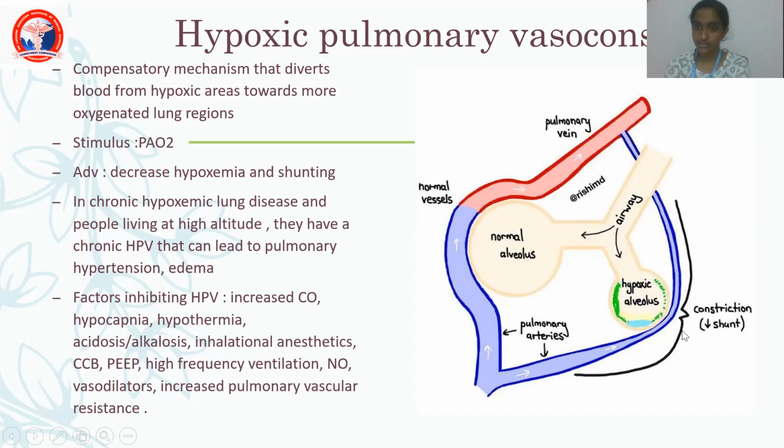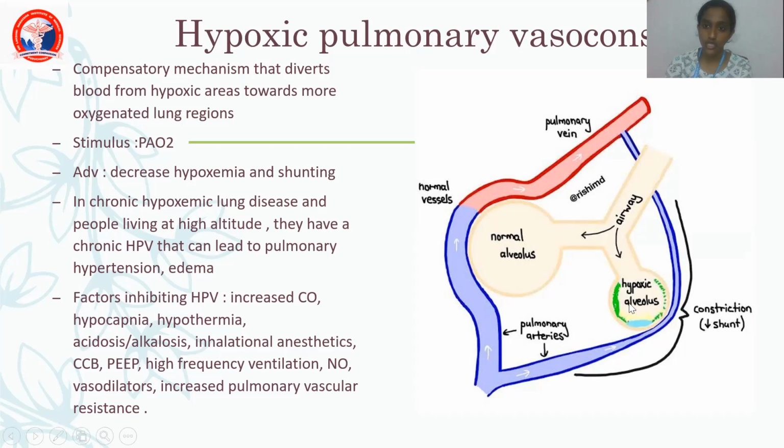Ventilation is less, perfusion is less. V is less, Q is less. So VQ is normal. Ventilation is more, perfusion is more. V is more, Q is more. So when both V and Q are increased, then the ratio remains normal. So this is an adaptive mechanism to maintain the VQ ratio.